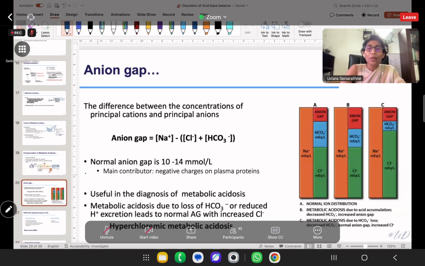Now, when we talk about acidosis, there is a thing called anion gap. What is this anion gap? Now, what are anions? Anions are the negatively charged ions.